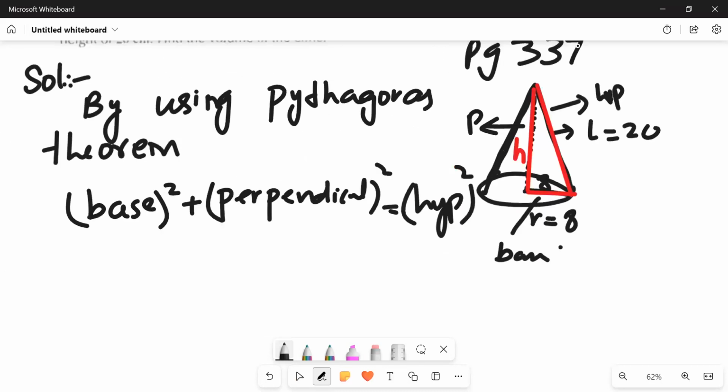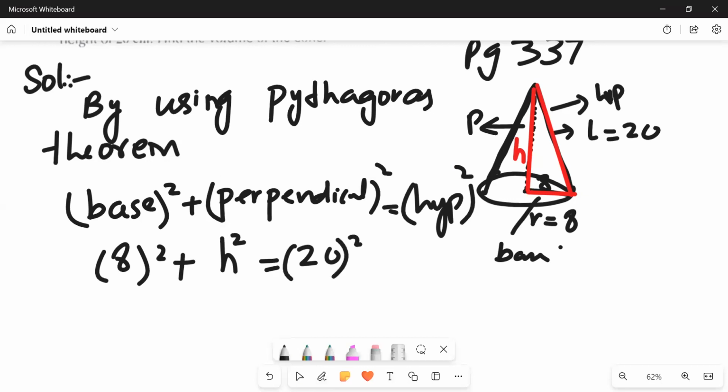So according to this, base is 8, and the perpendicular we have to find, that is denoted by the height of the cone, so it is h square, and the hypotenuse is 20 square.